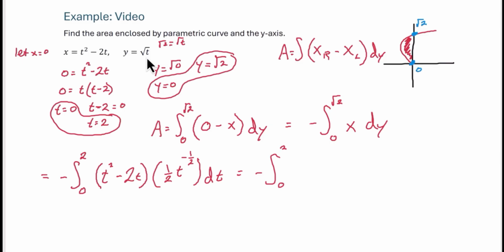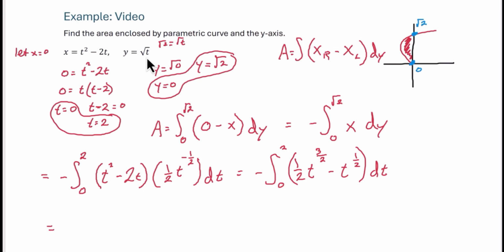Distributing through those parentheses, we'll get 1/2 t to the 3/2 minus t to the 1/2 dt. Now it looks like we've simplified. We can finally start to do the actual integration.